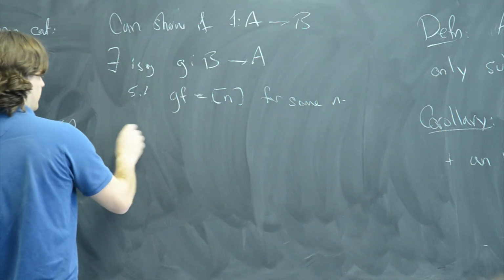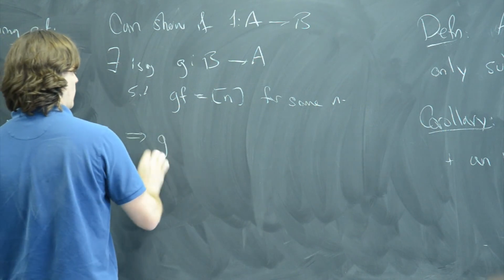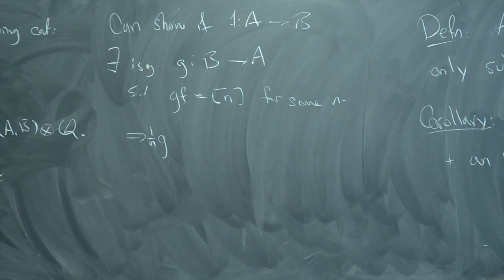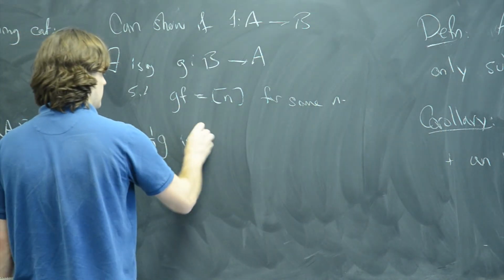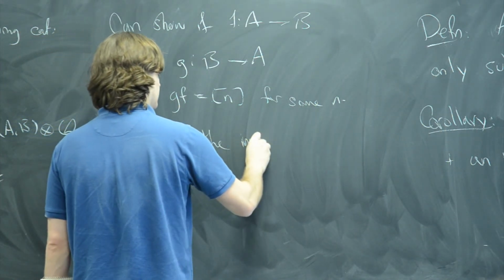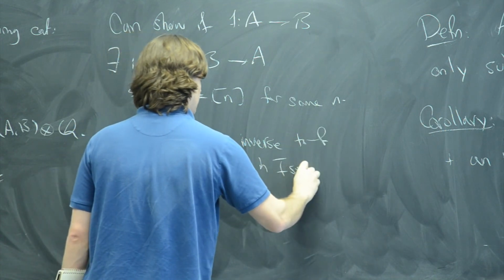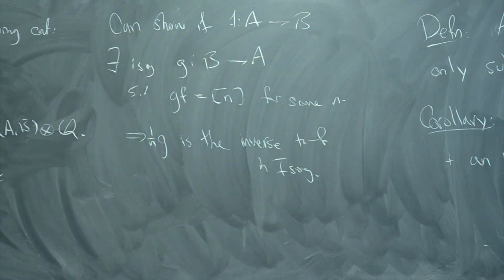And so this implies that 1 over n times g, which is not actually a morphism of abelian varieties, but makes sense as a formal map in this category, is the inverse to f. So this category Isog is the universal category in which isogenies become isomorphisms.